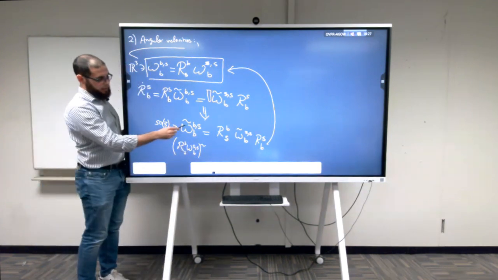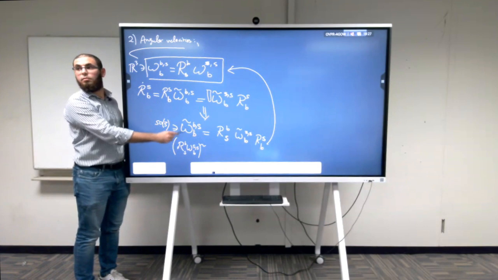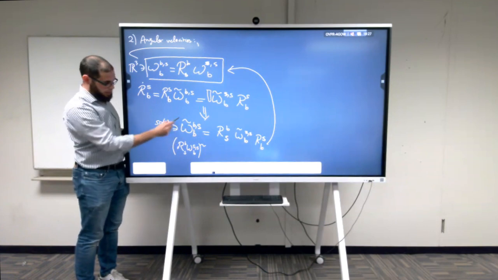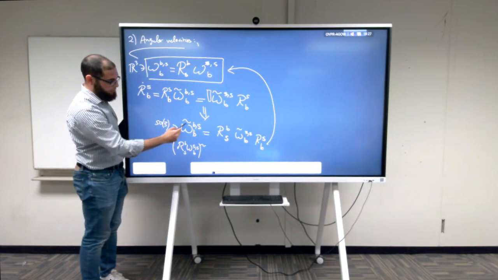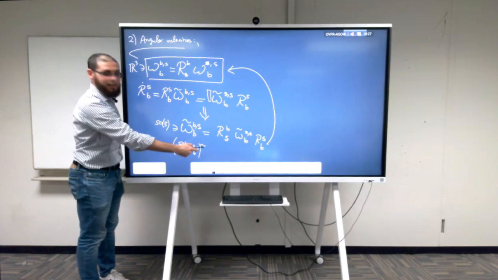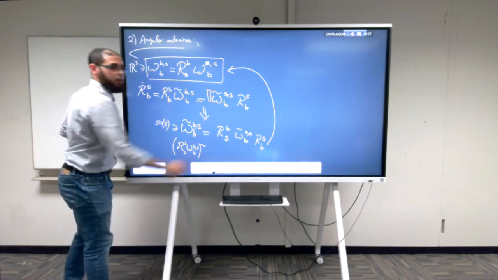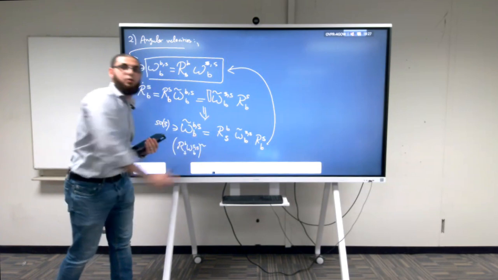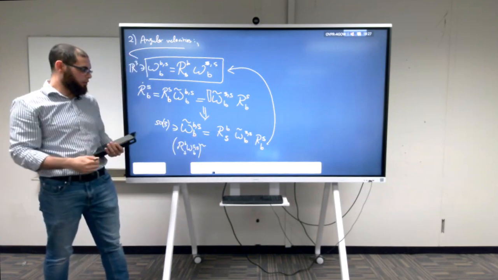Does everyone agree that these two are the same? What I just did is remove the vector part, put this expression here, and take the tilde, and you see it's equivalent to that part. So this is an identity that we can use, and we're going to be using it here.